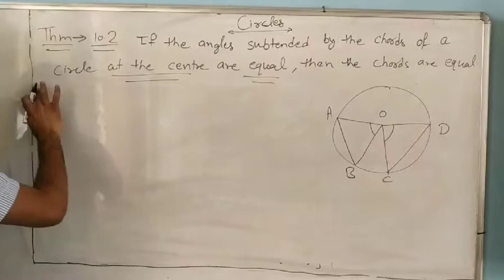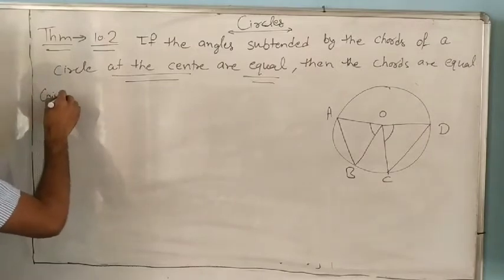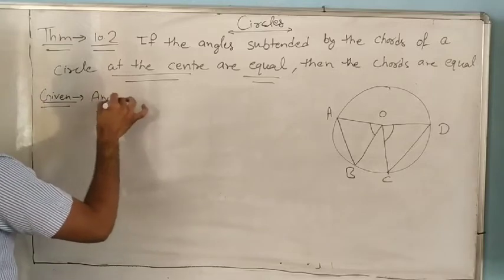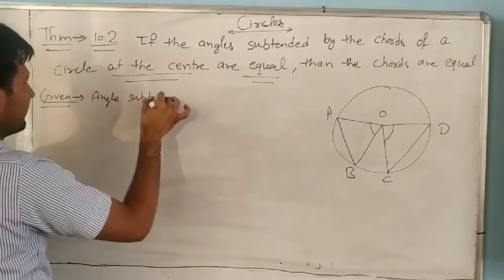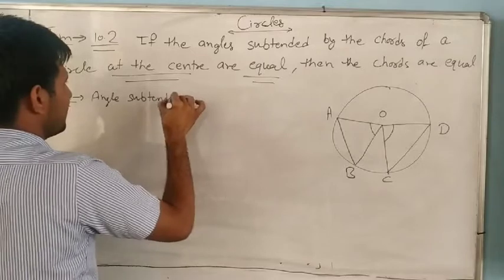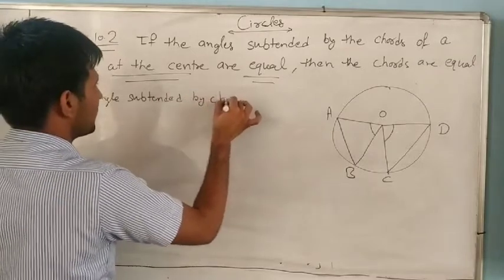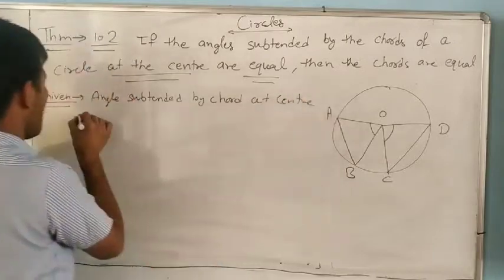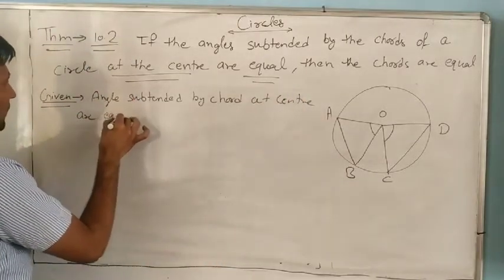So write first, given: angles subtended by chords at the center are equal.